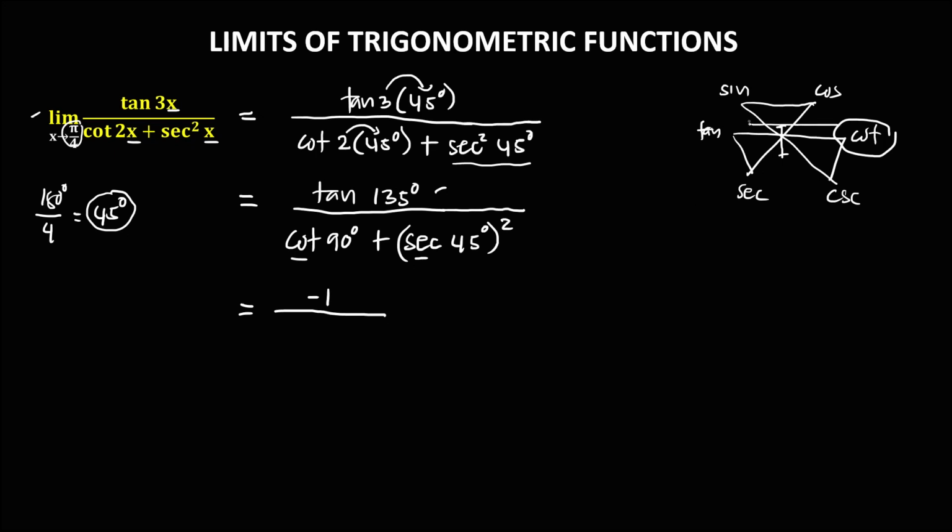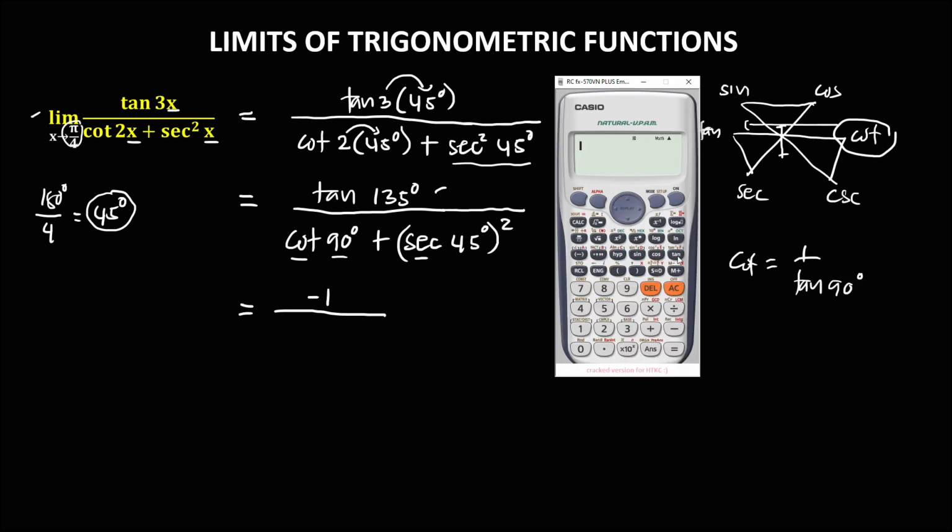Using this identity, cotangent is equal to 1 over tangent. Since the given angle is 90 degrees, it's 1 over tangent 90 degrees, and tangent 90 degrees is undefined.